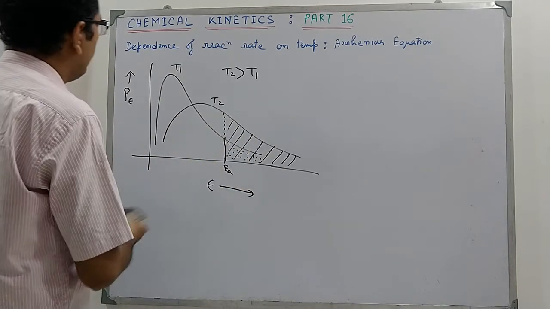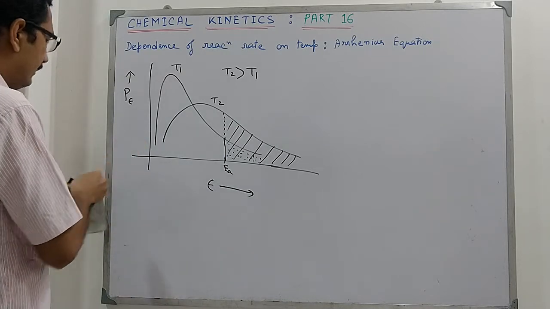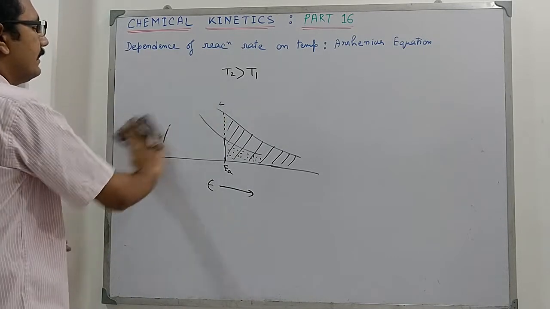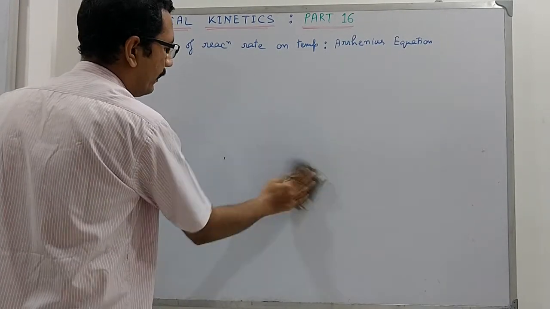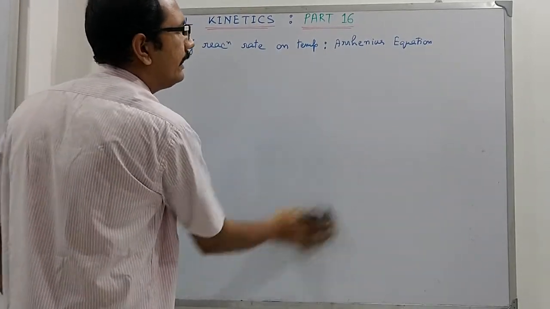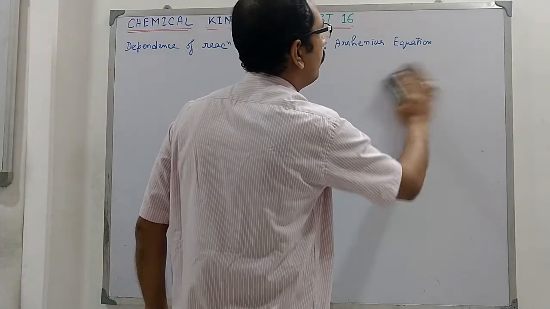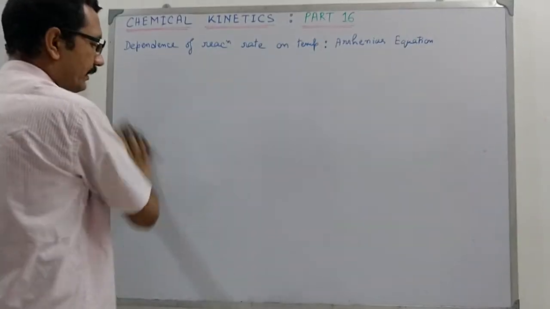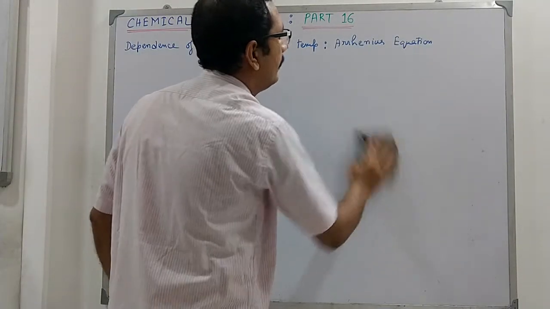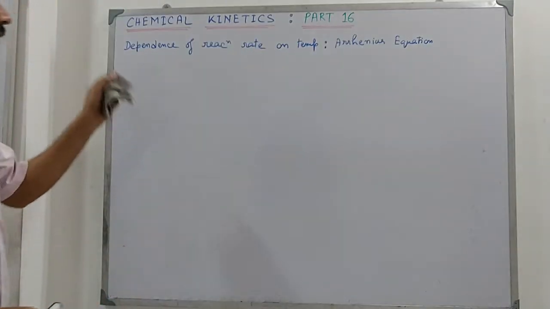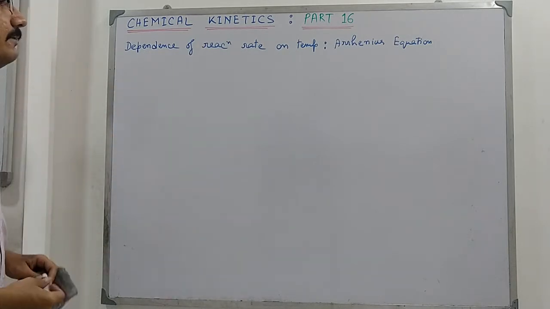Now the Arrhenius equation is interpreted by collision theory, which I will discuss in great detail for honors students. For the higher secondary level, I will discuss only the important parts without the proper derivation.